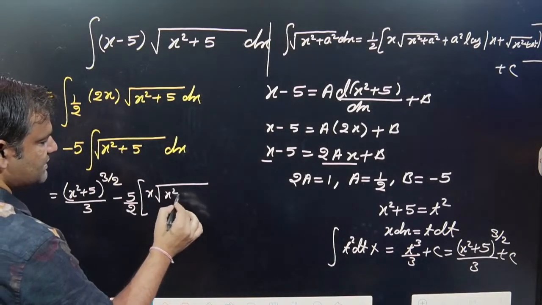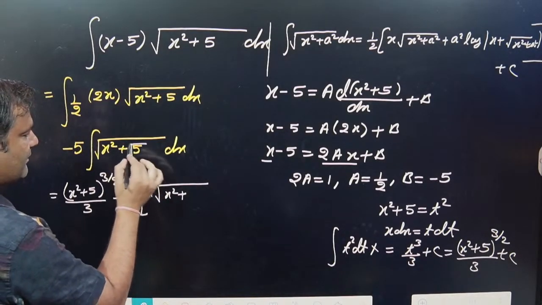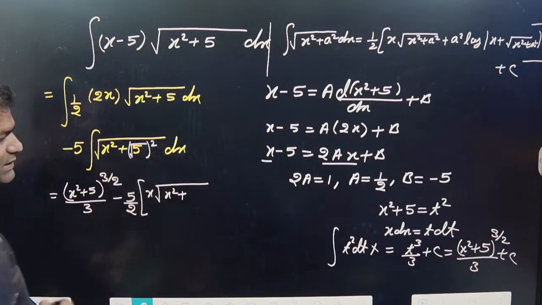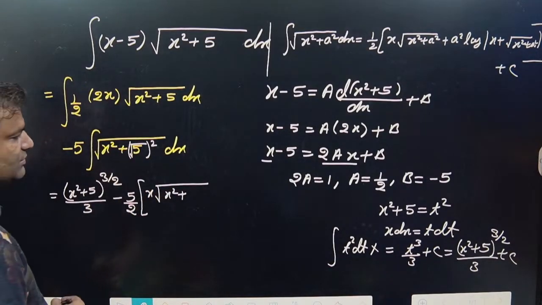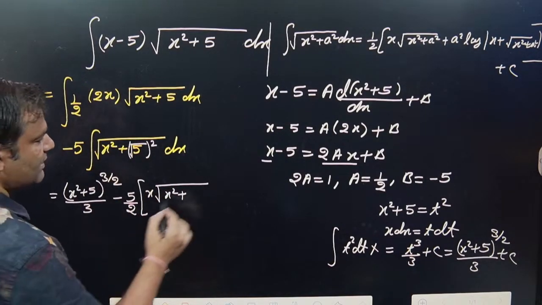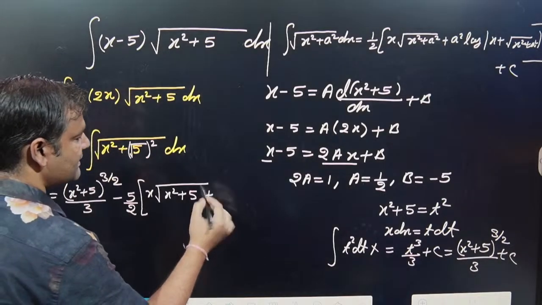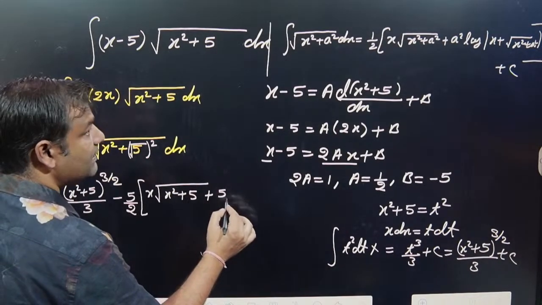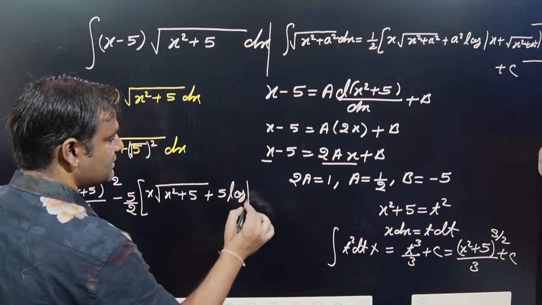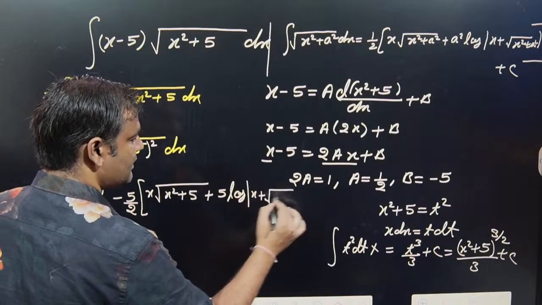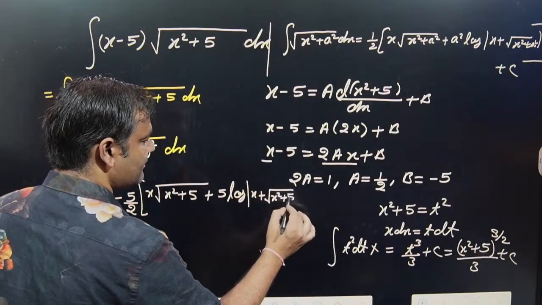Here, a is root 5, also written as root 5 to the whole square. So x square plus 5, plus a square is 5, into log of modulus of x plus the square root of x square plus 5.